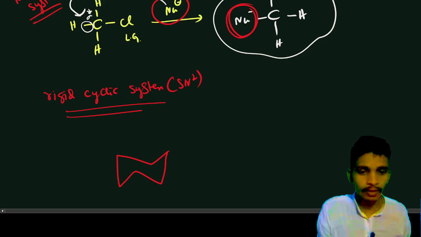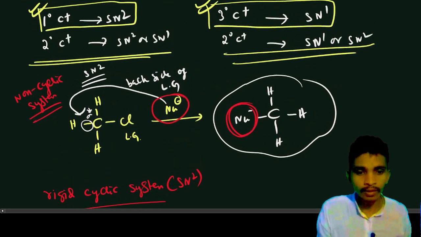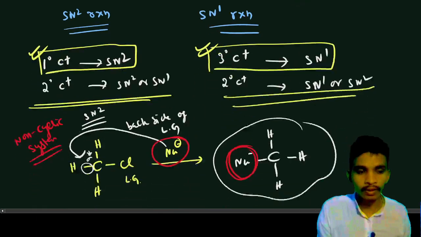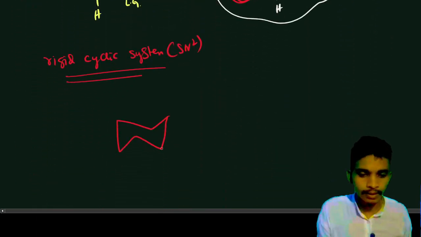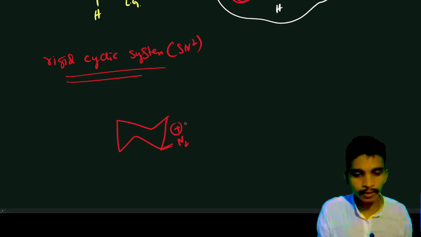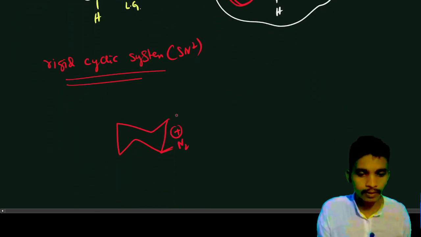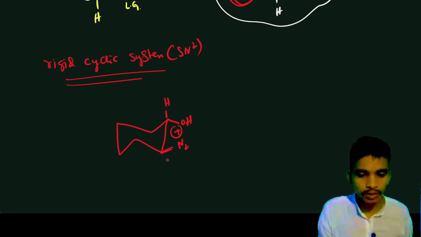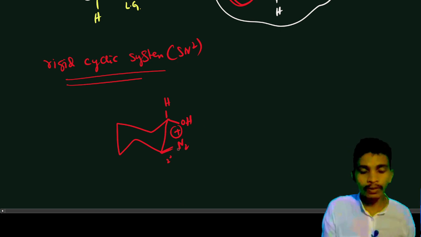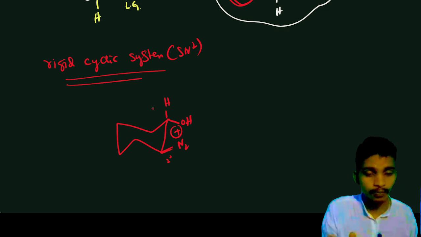Okay, now I'm talking about this. Let's say here we have N2 gas, here we have OH, and here we have H. So again this is a 2-degree carbocation. Okay, and with a 2-degree carbocation, SN2 reaction is also possible.